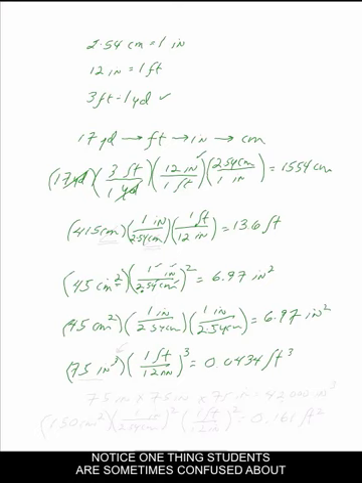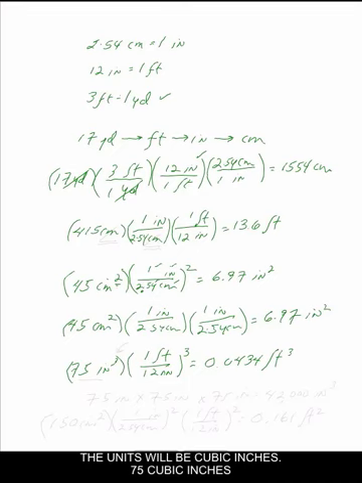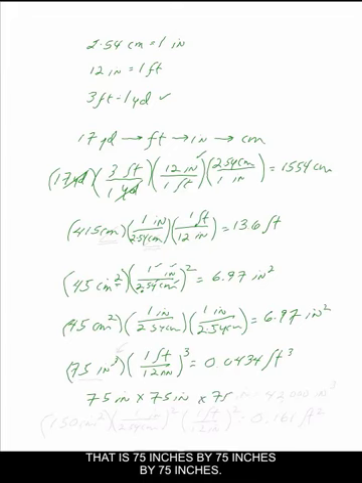Notice one thing students are sometimes confused about is if a volume is given, the units will be cubic inches. 75 cubic inches as a given is very different from saying that I have a box, for example, that is 75 inches by 75 inches by 75 inches.